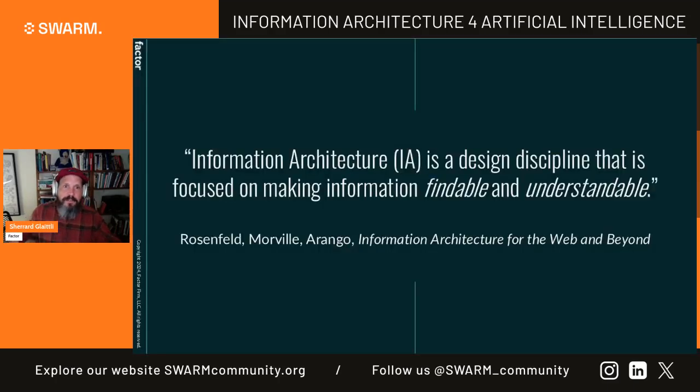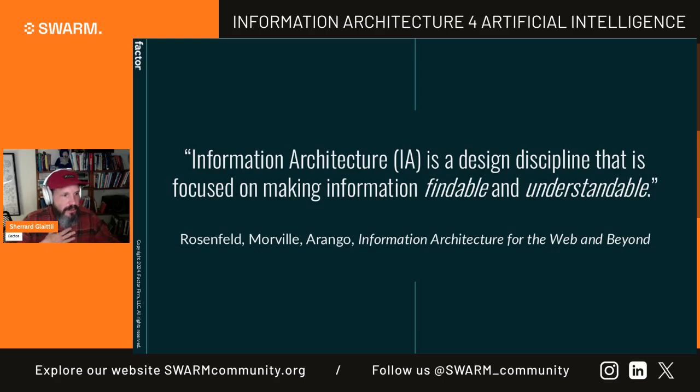So, starting off with the definition of information architecture, this is the most common one that I hear cited, and it's right from the Polar Bear book. Information architecture is a design discipline that is focused on making information findable and understandable. Now, that definition resonates really well for a lot of people, particularly here, because we have an innate sense of what the value of findability and understandability is.